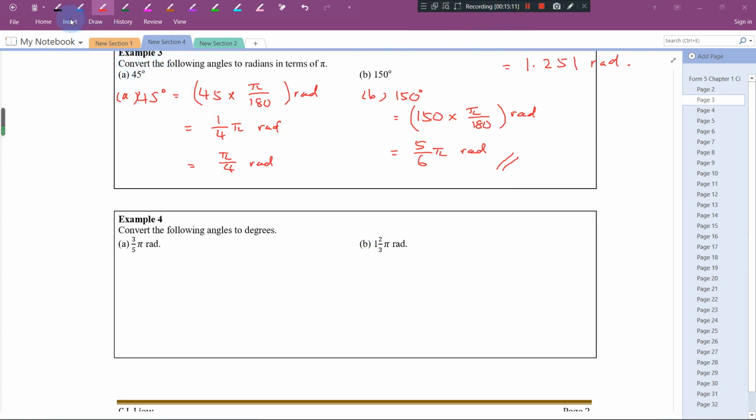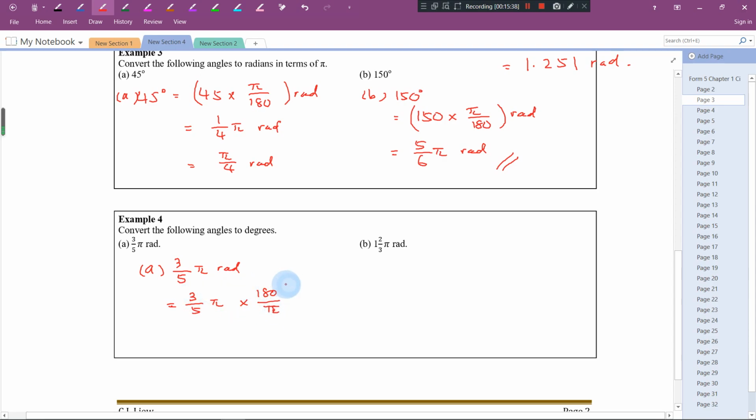Okay, let me show you the last one. Now, radian become degree, number become bigger. So we have to times 180 over pi.